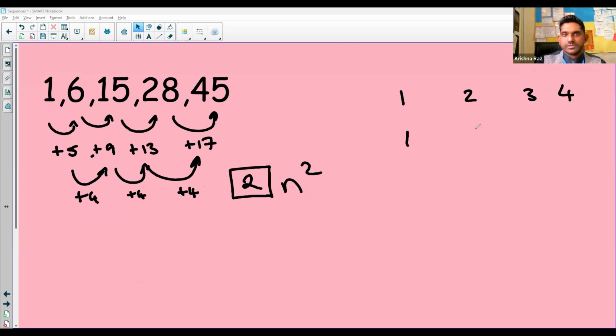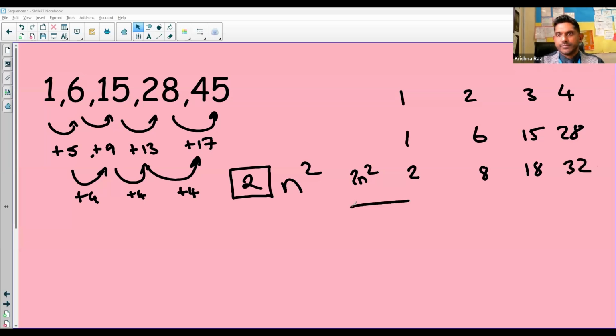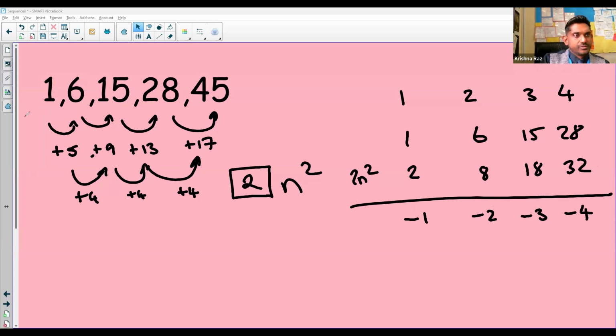What do we have? 1, 6, 15, 28. We need to generate the sequence for 2n squared, which we saw earlier, would be 1 squared times 2, 2 squared times 2, 3 squared times 2, 4 squared times 2, and we subtract. So a bit different to previous two examples.